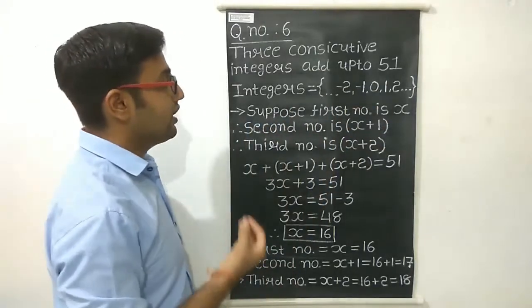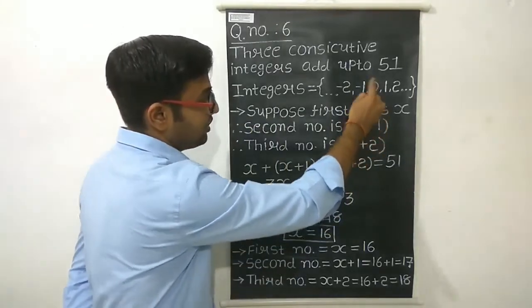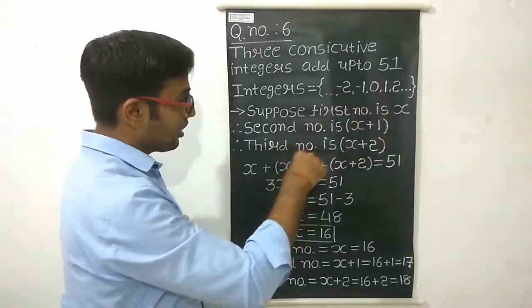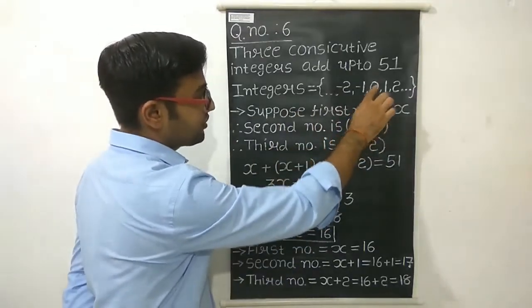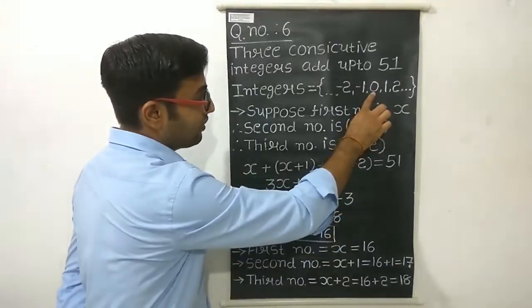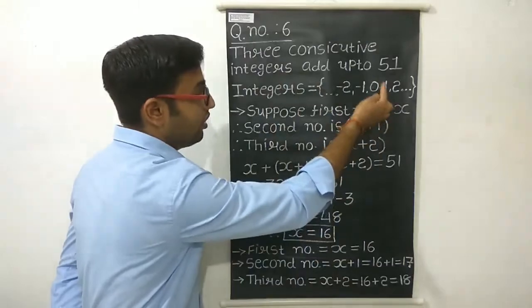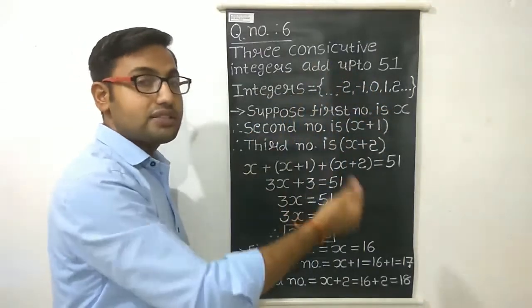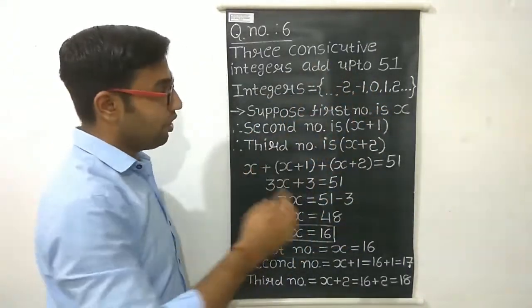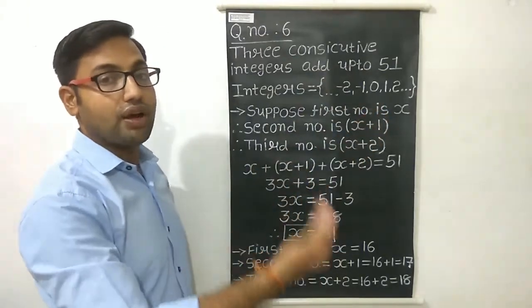So how to get the second number? Let's suppose our first number is 0. Then the consecutive number after 0 is 1. So what do we do to get 1 from 0? We have to add 1 to 0. Or you can notice that all the numbers differ by 1.